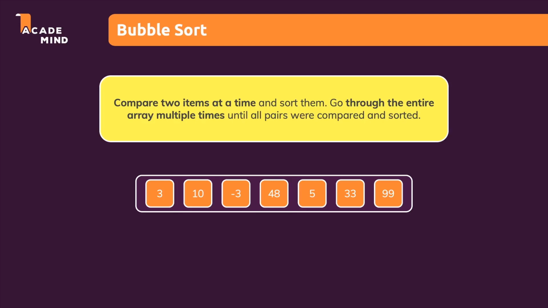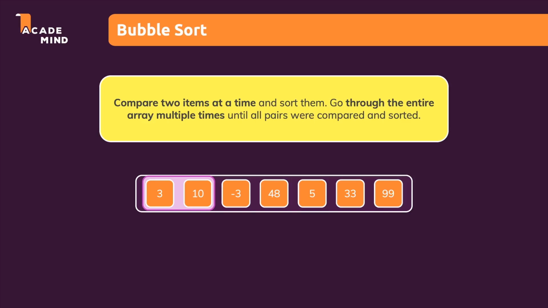We would start with the first two items in the array, so with item 1, the item at index 0, and item 2, the item at index 1, and we would compare those items, and depending on whether we want to sort in ascending or descending order, we would check if item 1, the 3 in this case, is greater or smaller than item 2, the 10 in this case.